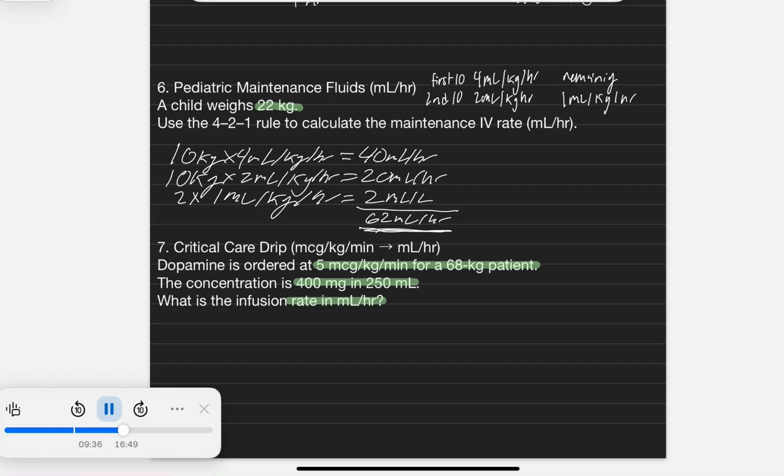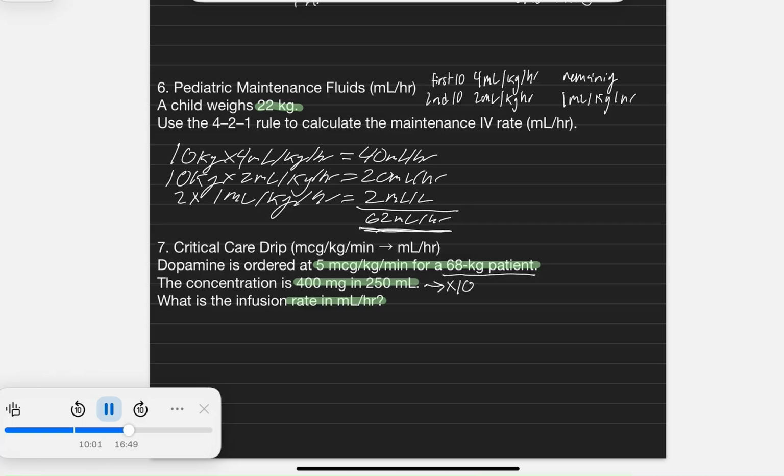For question number 7, our patient is ordered 5 micrograms per kilogram per minute of dopamine. It's already in kilograms. They weigh 68 kilograms. Our bag of dopamine has 400 milligrams in 250 mLs, and we have to find the ml per hour.